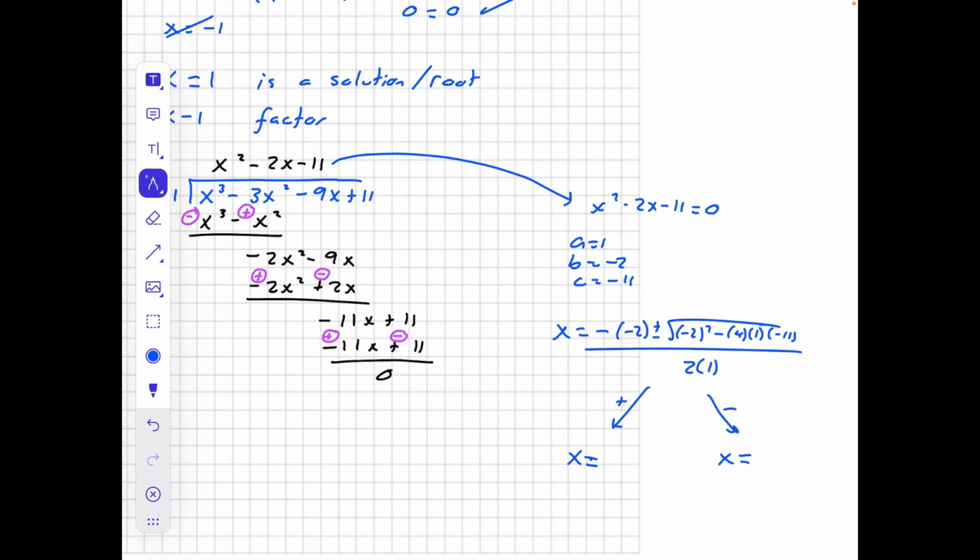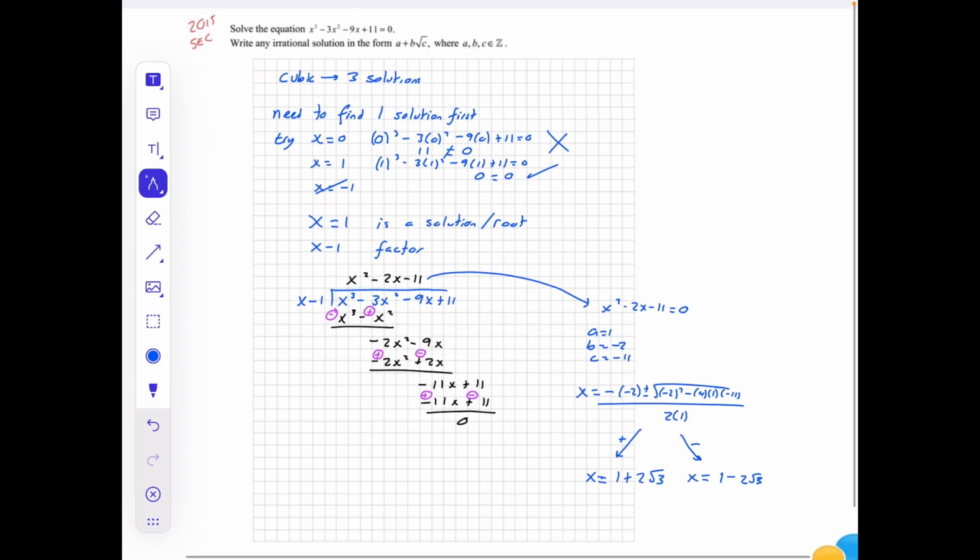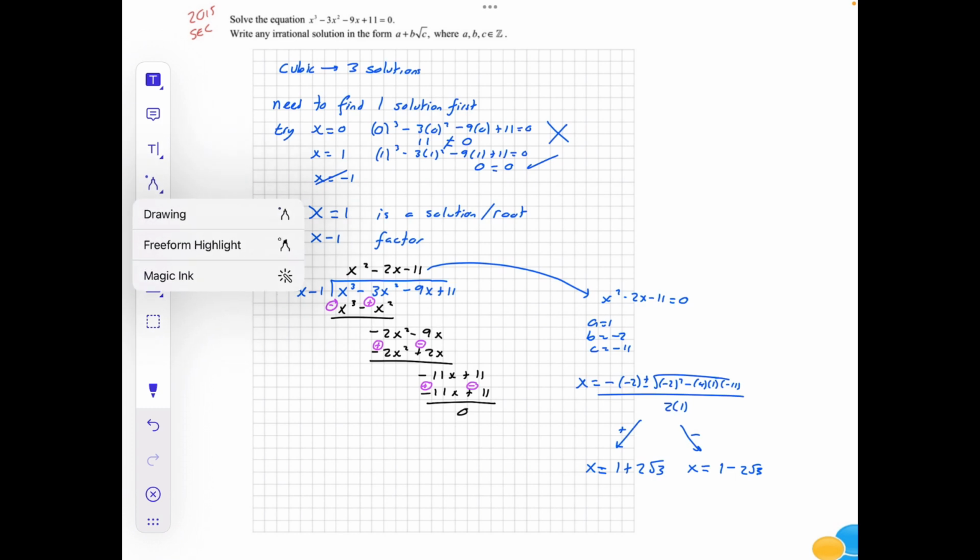So when I put the plus in front of the square root first, just make sure you're practicing putting these into your calculator. It gives me out 1 plus 2 root 3. When I put the minus then, it gives me out 1 minus 2 root 3. Now, just going back up to the question, this here looked quite intimidating.